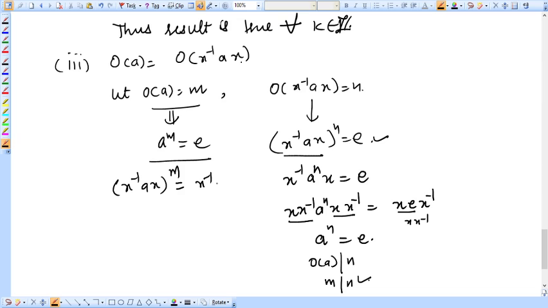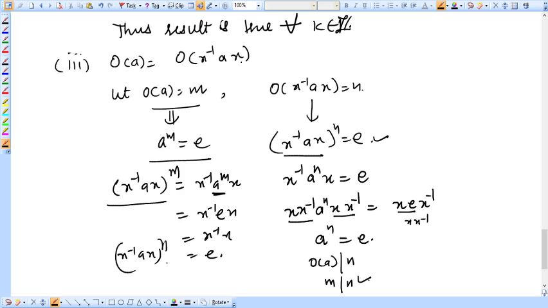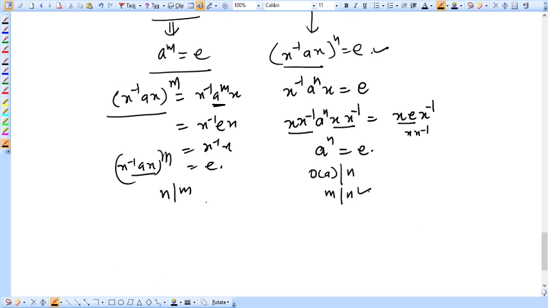It is equal to x inverse a power m x, so it is equal to x inverse e x, which is equal to x inverse x, which is equal to e. Therefore this power is identity. But the order of this is n, so therefore n divides m. So now both these imply that n is equal to m. Thus we can say order of a is equal to order of x inverse a into x.